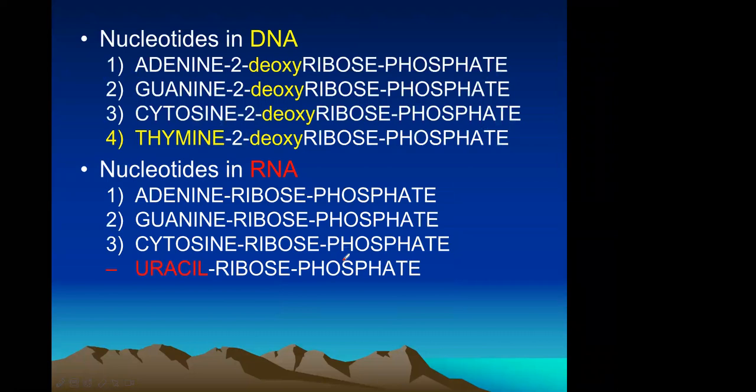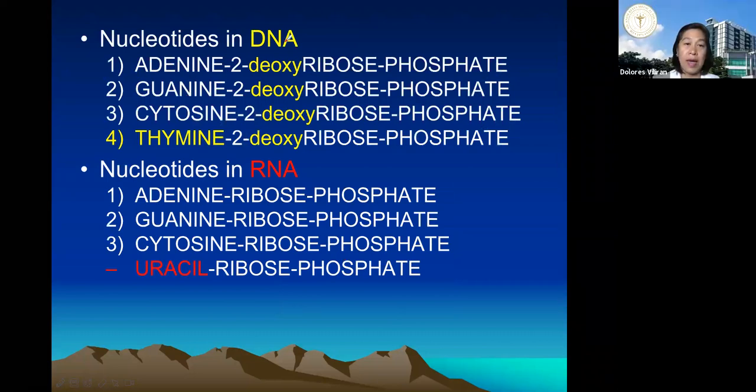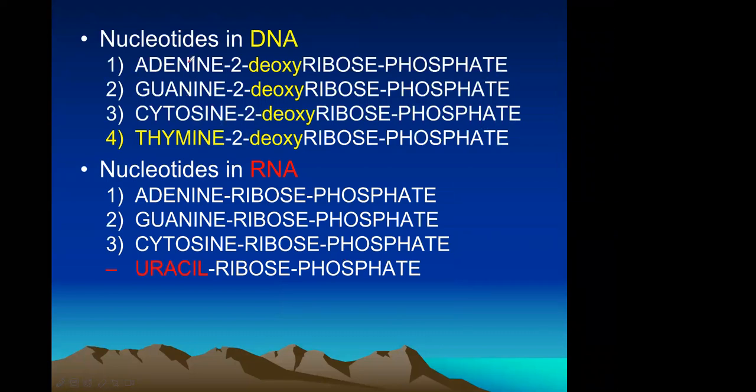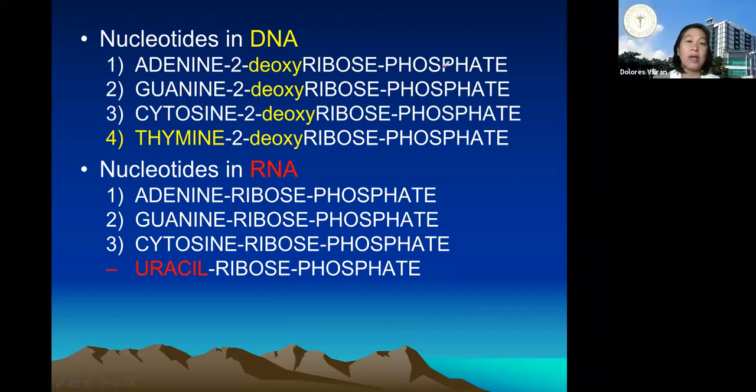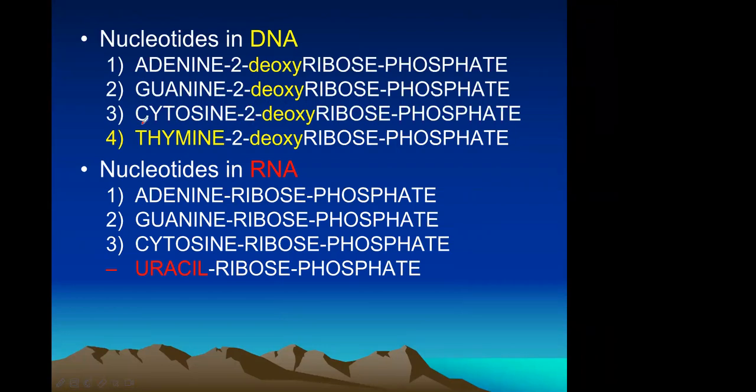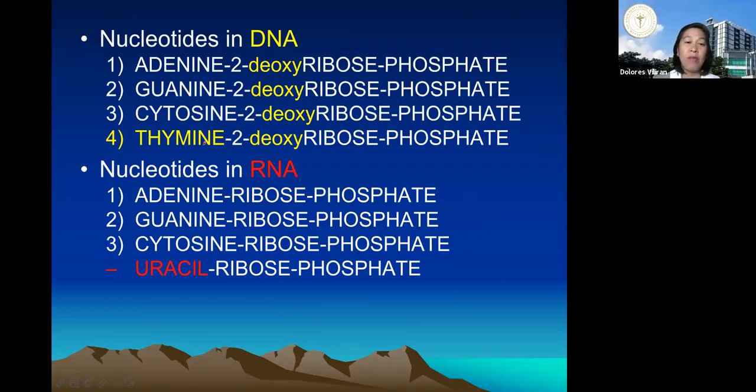Again, these are the nucleotides in DNA: adenine 2-deoxyribose phosphate, guanine 2-deoxyribose phosphate, cytosine 2-deoxyribose phosphate, and, only found in DNA, thymine 2-deoxyribose phosphate.